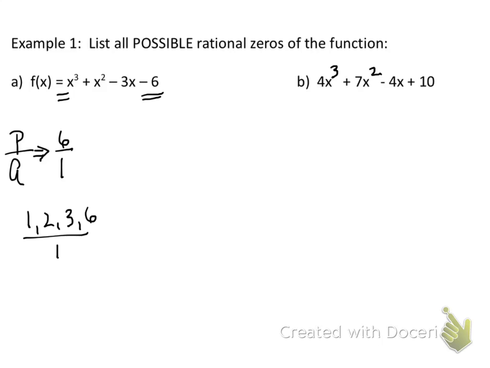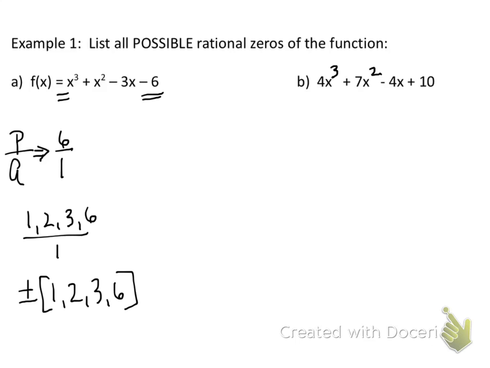So, of course, if we take any of those factors of 6 over 1, we're just going to get those whole numbers. But you also need to realize that the positive and negative of those are factors of 6. So plus or minus 1, plus or minus 2, plus or minus 3, and plus or minus 6 are going to be our possible rational zeros.